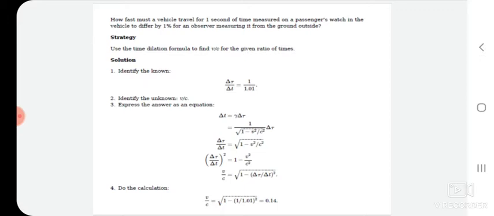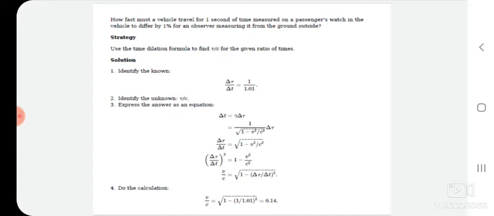The ratio of delta t naught by t prime, or delta t by delta small t, is equal to 1 by 1.01. Means they are giving how fast a vehicle travels for 1 second, means proper time is 1 second, measured on a passenger's watch in the vehicle to differ by 1%.